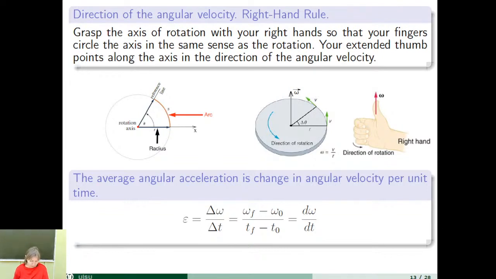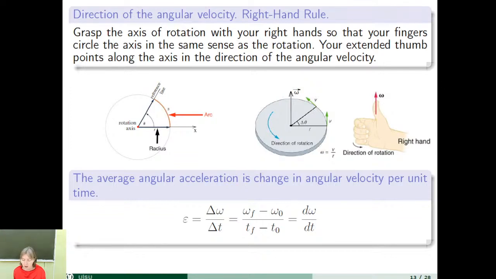Then we establish a direction for the vector omega by using a right-hand rule. Curl your right hand about the rotating record, your fingers pointing in the direction of rotation. Your extended thumb will then point in the direction of the angular velocity vector.